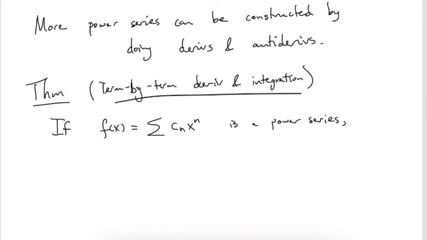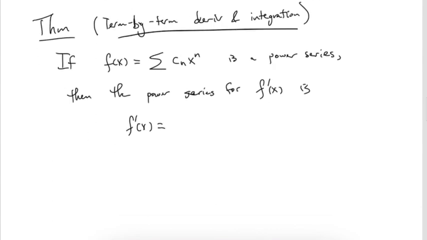So the power series for f prime, the derivative, is f prime of x equals the sum of c_n times n x to the n minus 1.